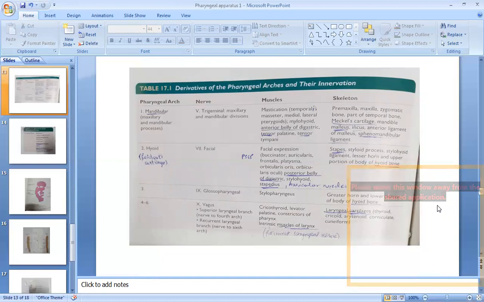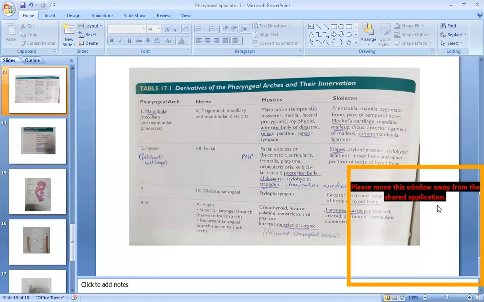The third is glossopharyngeal. The only muscle derived from this is the stylopharyngeus muscle, and it will take part in the formation of the hyoid bone, that is the greater horn and the lower part of the body of the hyoid. Arches 4 to 6: the specific nerve for this is the vagus nerve, which is again divided into the superior laryngeal and recurrent laryngeal nerve.